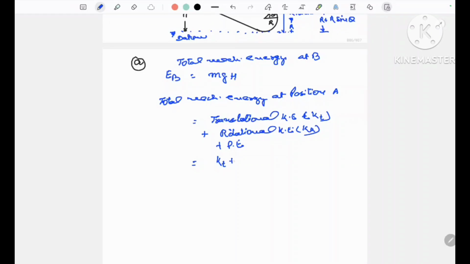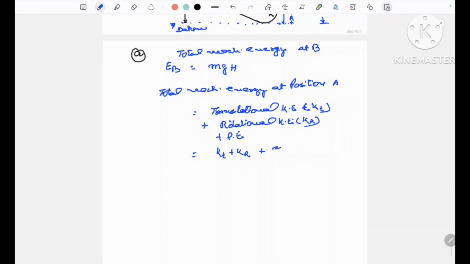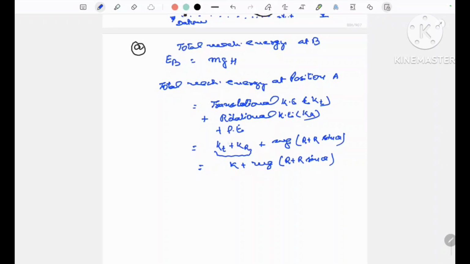KT plus KR, and potential energy is mg(r plus r sin theta). This is total kinetic energy, K, plus mg(r plus r sin theta). Suppose this is EA.